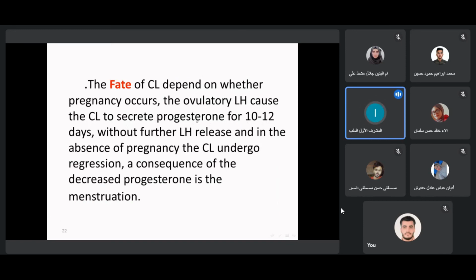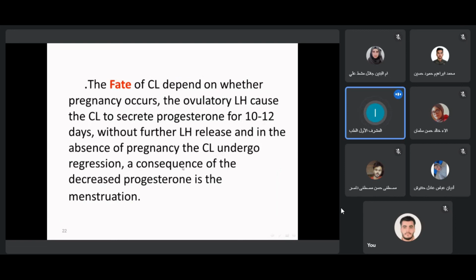But this LH release, which we said is predominant during the second part of the cycle, will decline after this period, and it is the LH that maintains the progesterone production and the continuity of the corpus luteum. Without any further release of LH, and in the absence of pregnancy, the corpus luteum after this period will undergo regression. We will learn why pregnancy can maintain the corpus luteum.